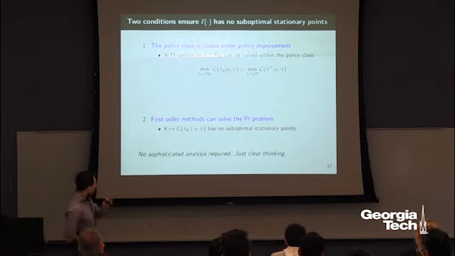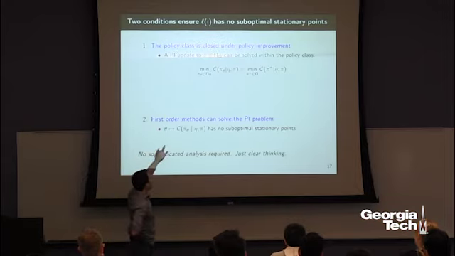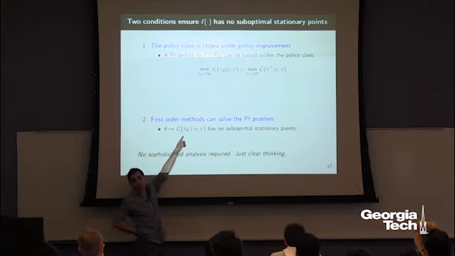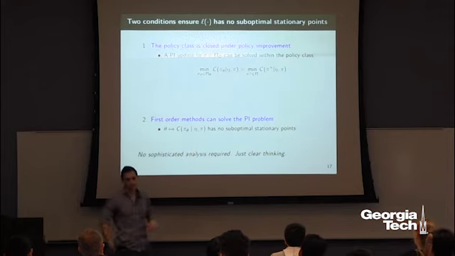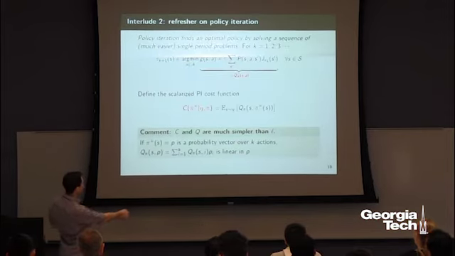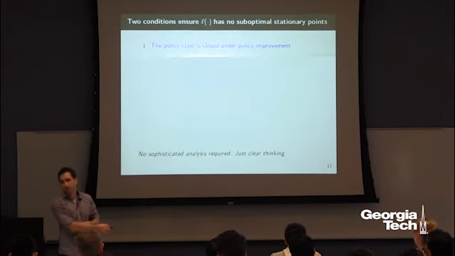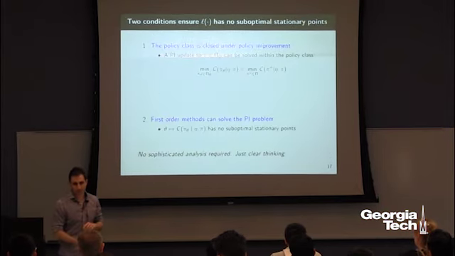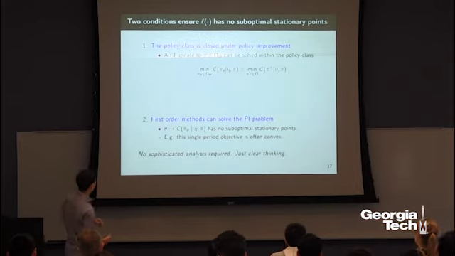So the kind of smoothness that we need is in the single period problem. We need basically that you could solve the policy iteration problem by a first order method. Does that make sense? And remember, the policy iteration problem is often linear, in which case this is immediate.